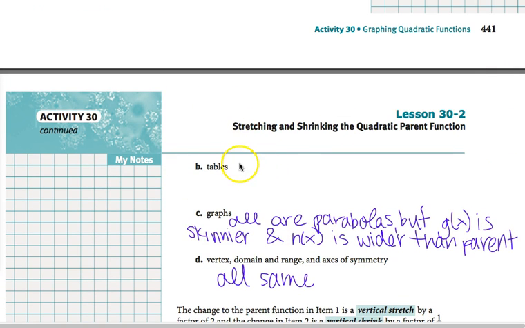For the tables, I would say the y values in g of x were greater than the parent.